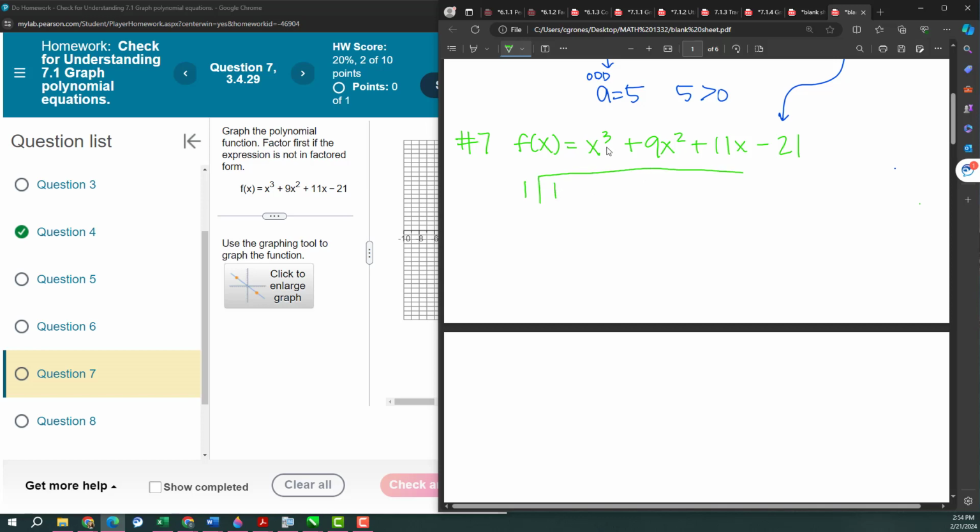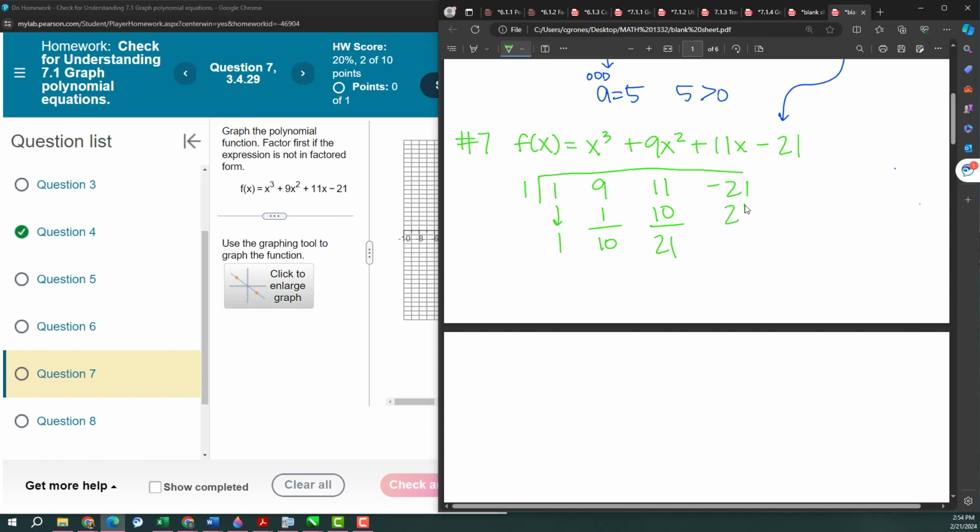So I've got 1 for x cubed, 9 for x squared, 11, and then negative 21. Remember, our 1 comes down. 1 times 1 is just 1. 9 and 1 is 10. 10 times 1 is 10. 10 and 11 is 21.